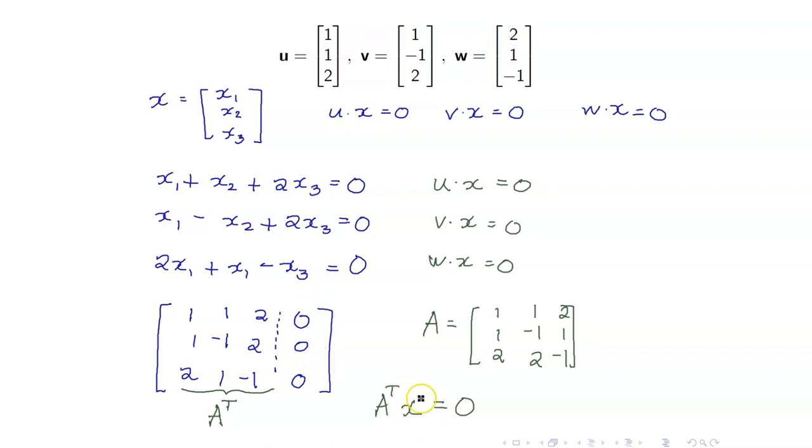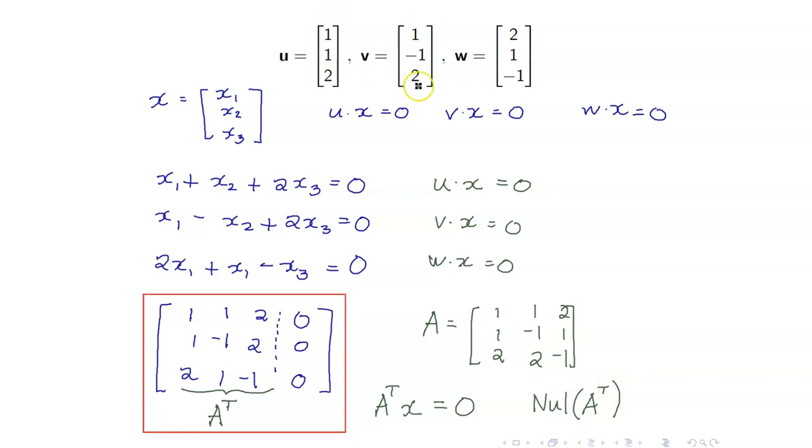And when you are solving for this set x, that is the same as looking for the null space of A transpose. So from now on, the shortcut is this: transforming the column vectors into rows. Look at this, 1, 1, 2, 1, negative 1, 2, 2, 1, negative 1, and solving for this system.